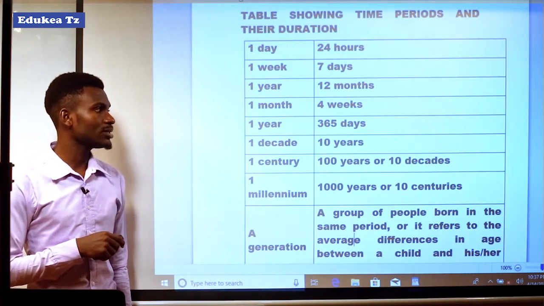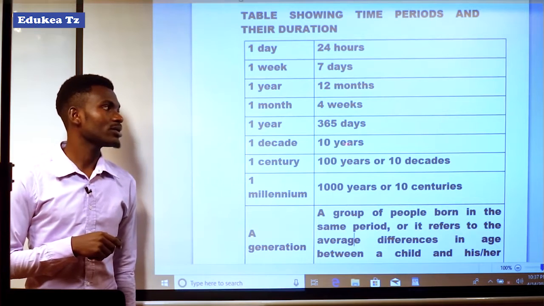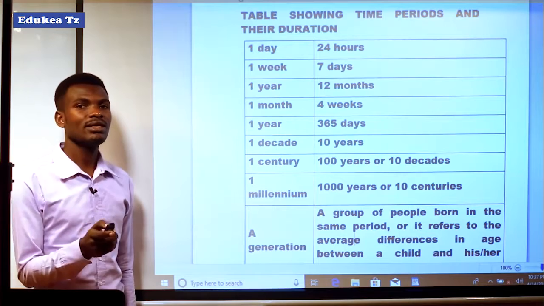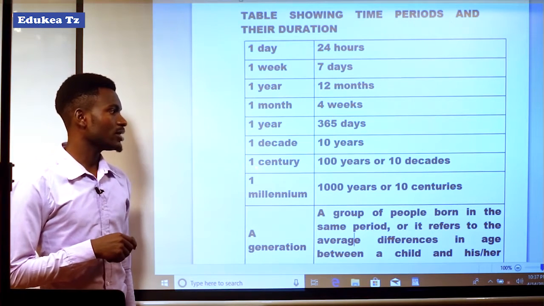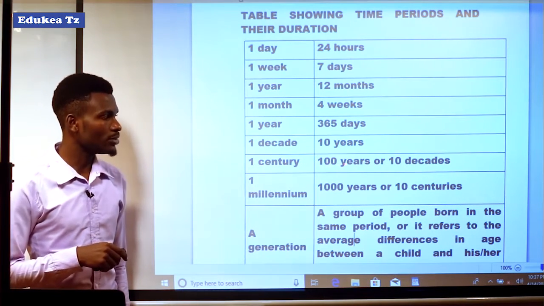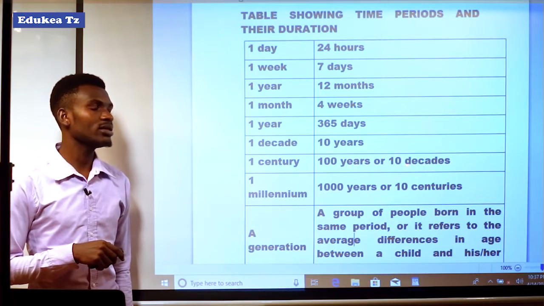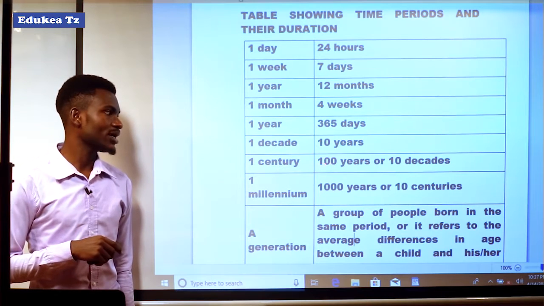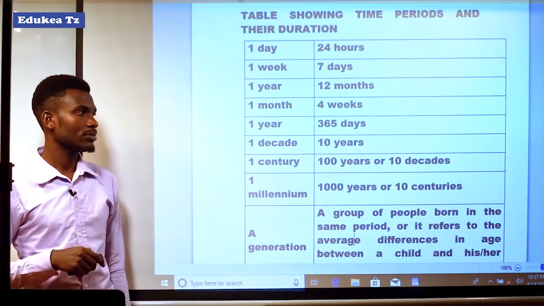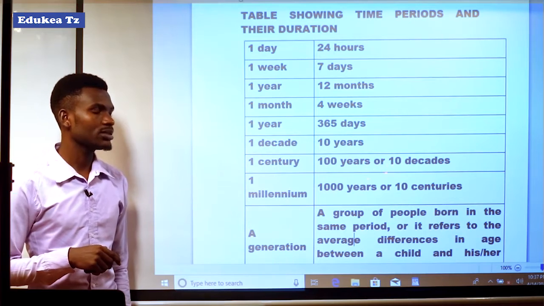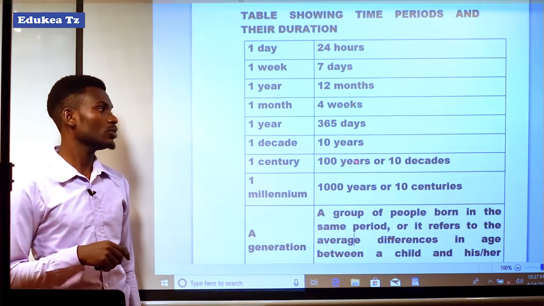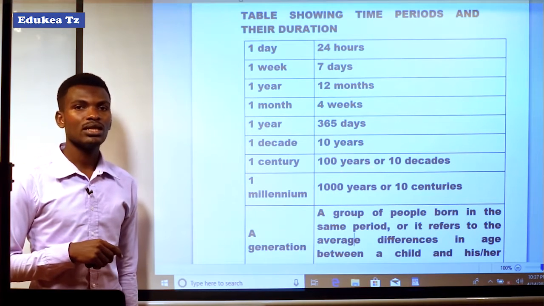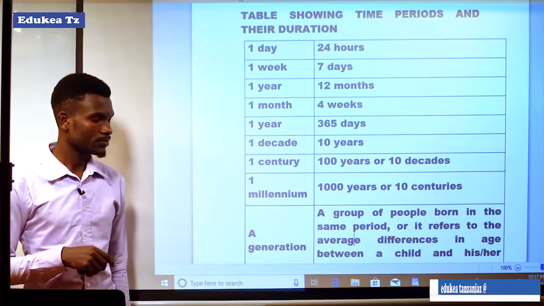And one decade is equal to 10 years. It means that to get a decade, you must collect 10 years. And a century is equal to 100 years or 10 decades. It means that to get a century, you take 10 times 10, and you will get 1 century, or 100 years.